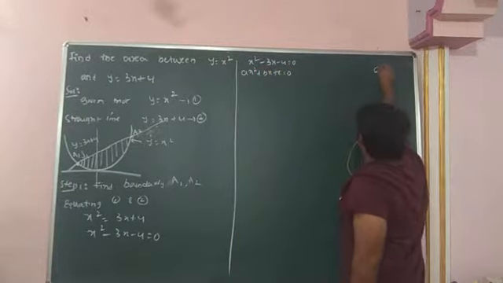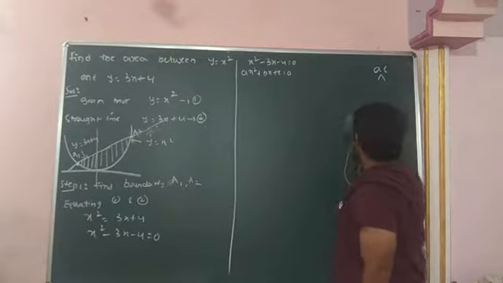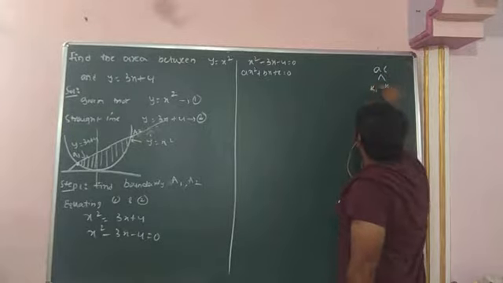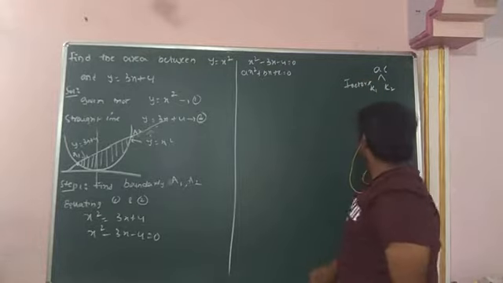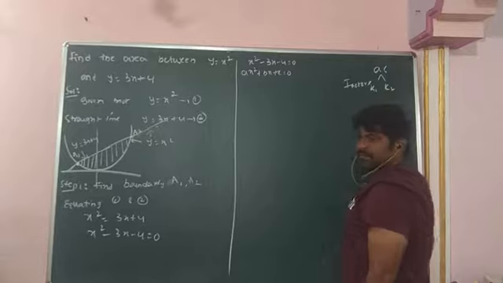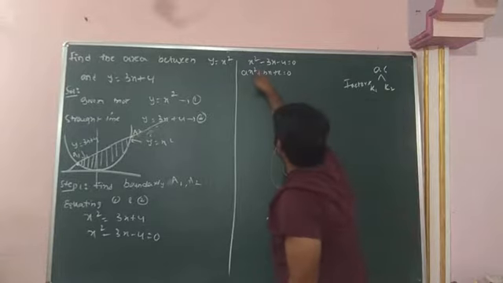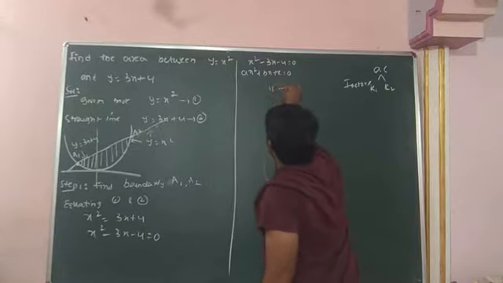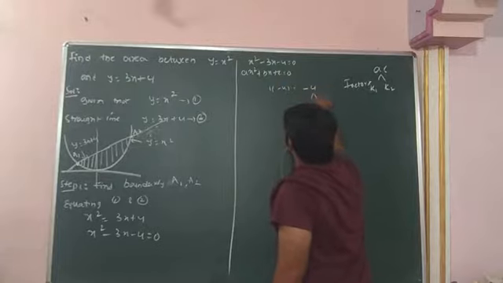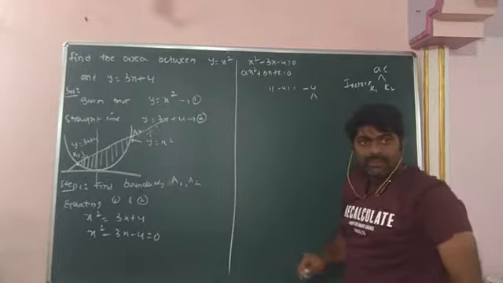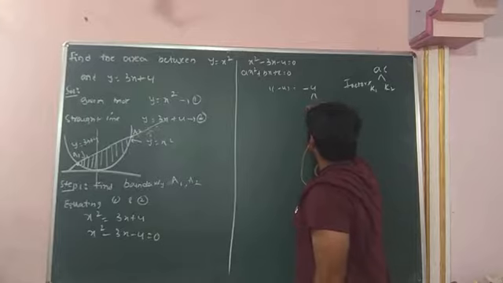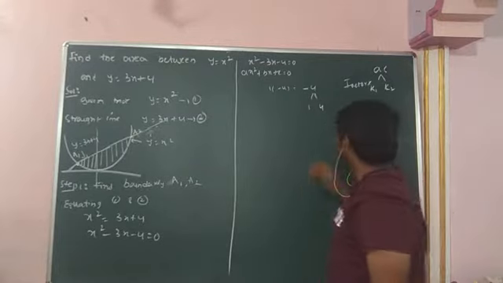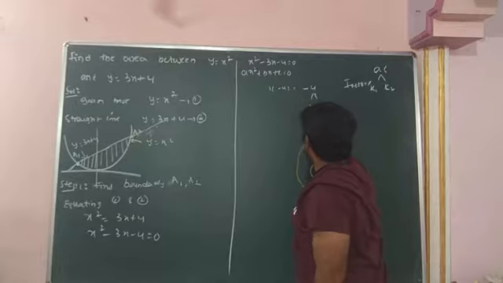We multiply a into c and then find the factors, say k1 and k2. Similarly here, a into c is 1 into minus 4, that is minus 4. The factors are 1 and 4, with a minus symbol, minus 1.